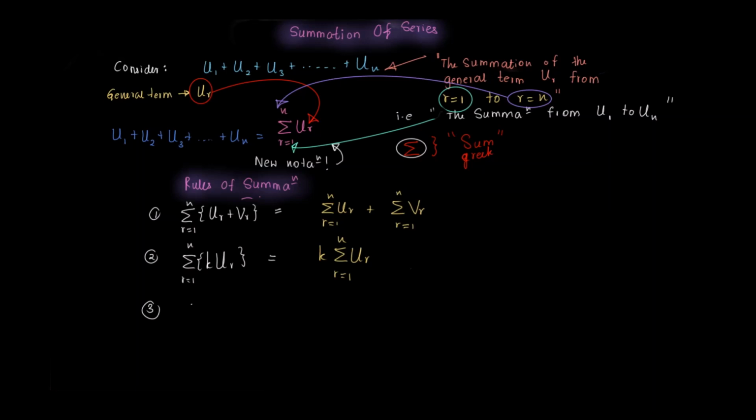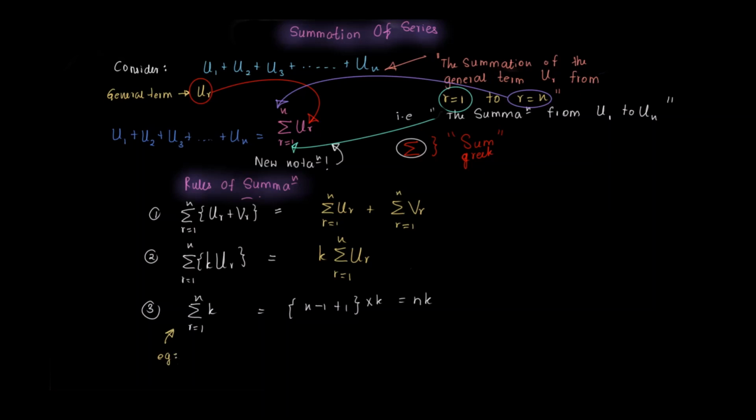So the third one is a summation of a single term. It's not the general term, it's just any term, like 1, 2, anything, from R is equal to 1 to N. That is, you take the upper limit N minus the lower limit 1 plus 1, and you multiply by the common factor K, the common scalar K. So that's NK.